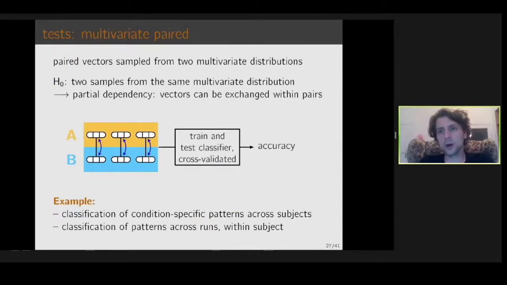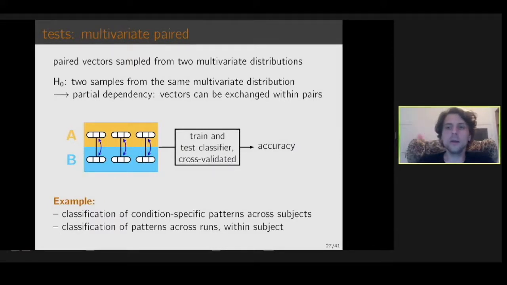Here's the extension of this procedure to the multivariate situation, so the multivariate paired test. We would assume that paired vectors are sampled from two multivariate distributions. Again, because there's partial dependency, vectors can only be exchanged within pairs. We would train and test our classifier using cross-validation. And examples for this would be classification of condition-specific patterns across subjects, or classification of such patterns across runs within subject.